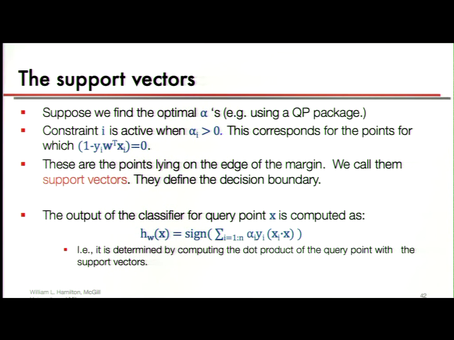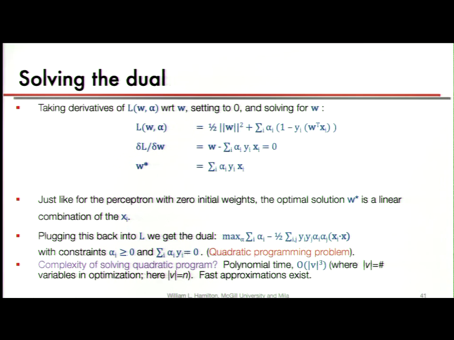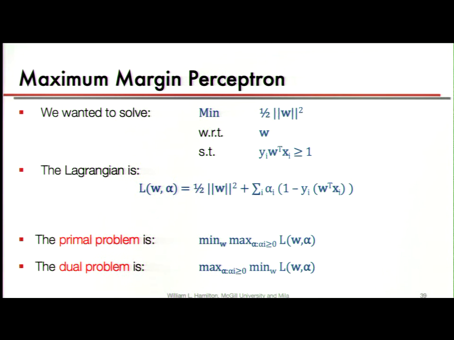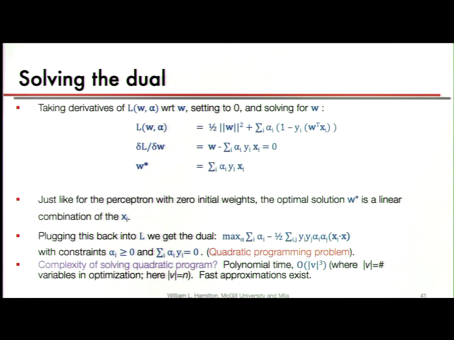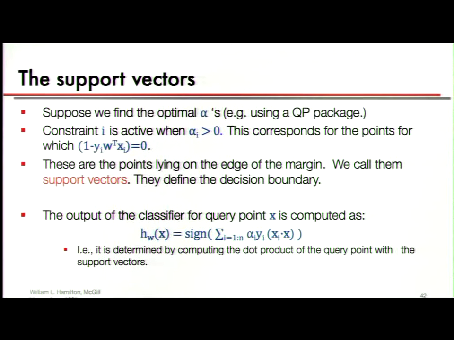So after we've done our optimization, when we're looking at this dual optimization, where we're first getting the W and then we're maximizing these alpha i's, at the end of the day, the alpha i's are going to be 0 for all the points that aren't on the margin, that aren't actually contributing to our decision boundary, and only greater than 0 for points that are on the margin.